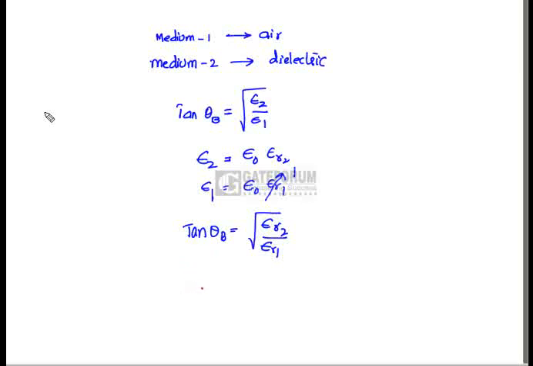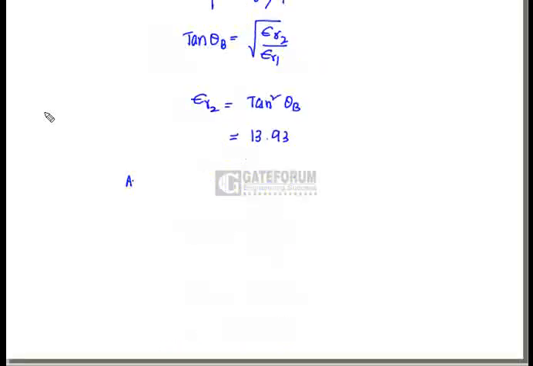From this, we can calculate epsilon r2 as tan square of the Brewster angle, which is 13.93, answer D.